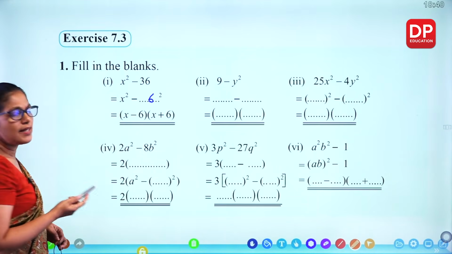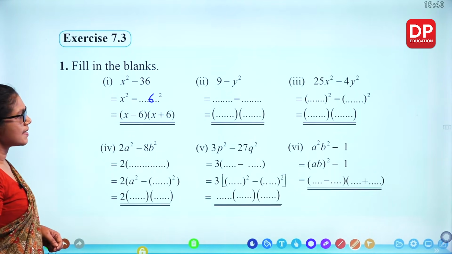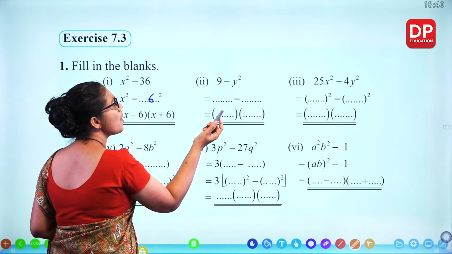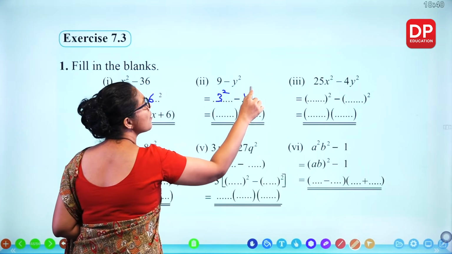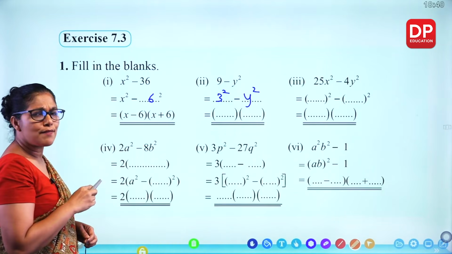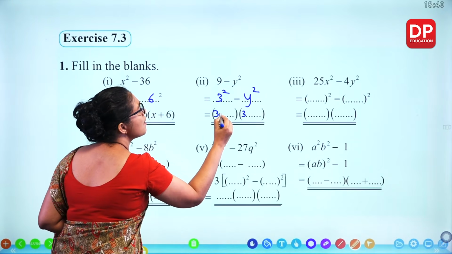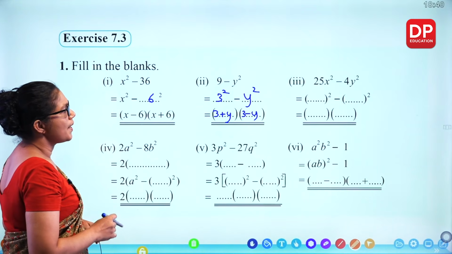Then the factors are already given, x minus 6 and x plus 6. Here what you have to do? You have to write down a square term. 9 I can write as 3 squared. y squared is already there. So what are the factors now? One is 3 plus y and one is 3 minus y.